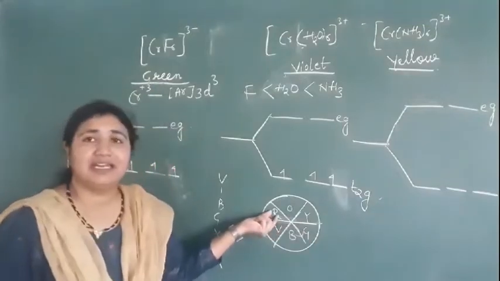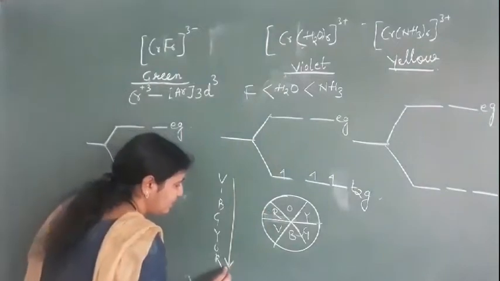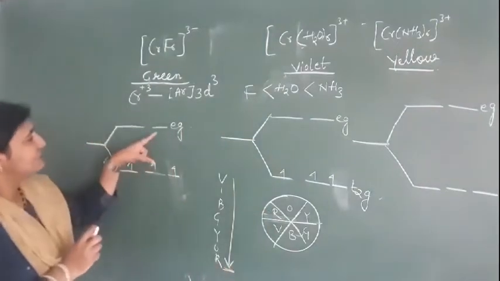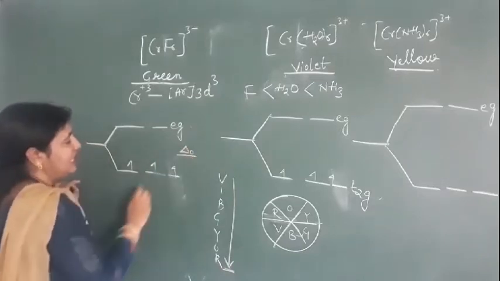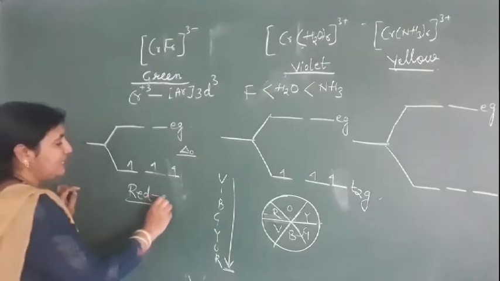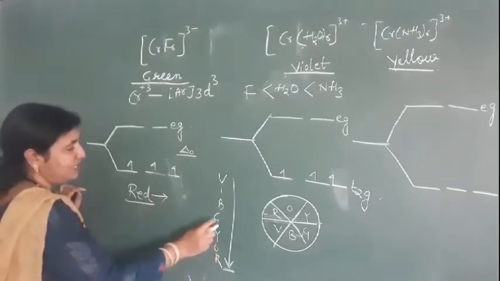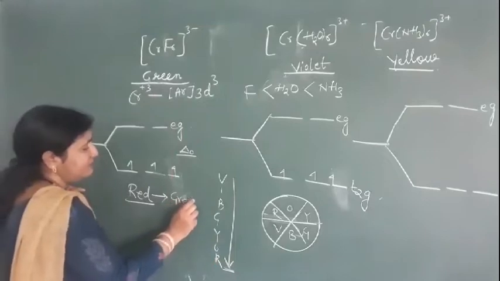They will absorb the red color wavelength. The red color wavelength energy is lowest. Because it is a weak field ligand, the splitting is less, the delta O value is less, that's why they will absorb the red color wavelength and give the complementary color, green. So this is the green color we are getting.